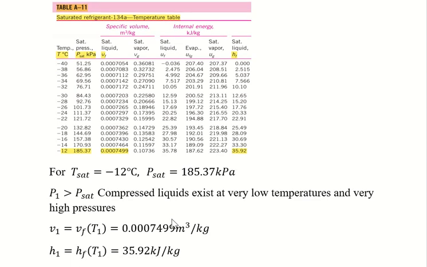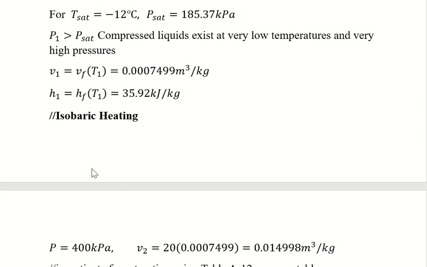Now the second state, we're told it's heated isobarically. If you're new to physics, isobaric means at a constant pressure. Maybe to help you memorize that, pressure is measured by an instrument called a barometer. So from that barometer, you would get isobaric heating at a constant pressure.